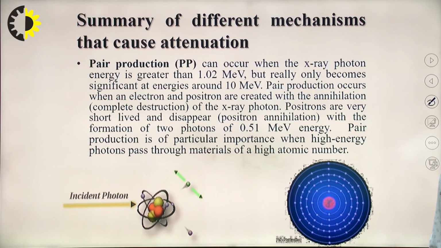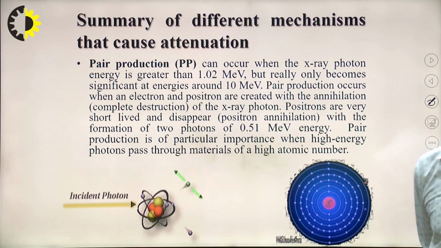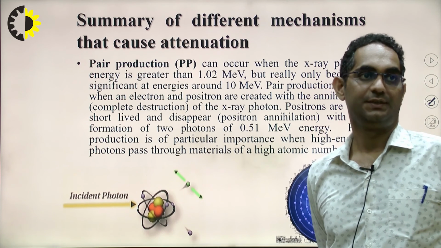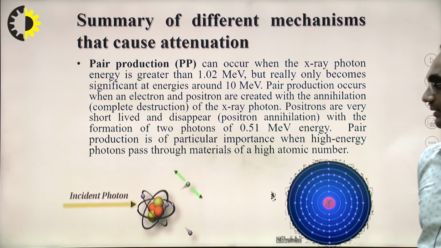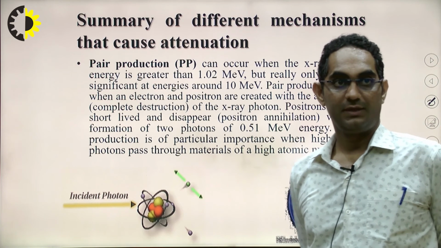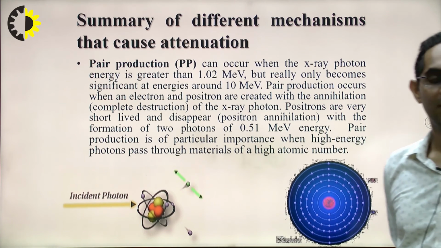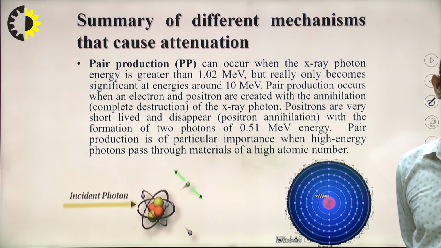Then this is the pair production. Pair production can occur when the X-ray photon energy is greater than 1.02 MeV, but really only becomes significant at energies of around 10 MeV. Pair production occurs when an electron and a positron are created with the annihilation, that is the complete destruction, of the X-ray photon.